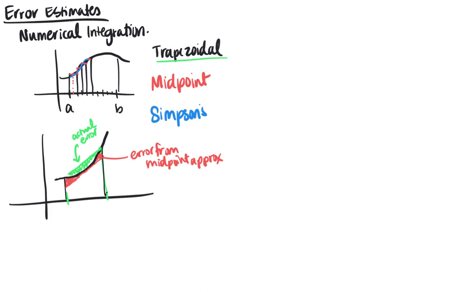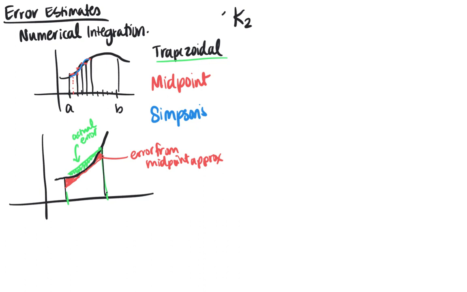Okay. So notice that the midpoint error and the error for trapezoidal both depend on how curved the graph is. If the graph is more curvy, then there'll be more of this green space in there. So the midpoint and trapezoidal don't work as well when the graph is super curvy. And remember, the curvature of the graph depends on the second derivative. So the bound for trapezoidal and midpoint is going to depend on this value K2, which is a maximum.